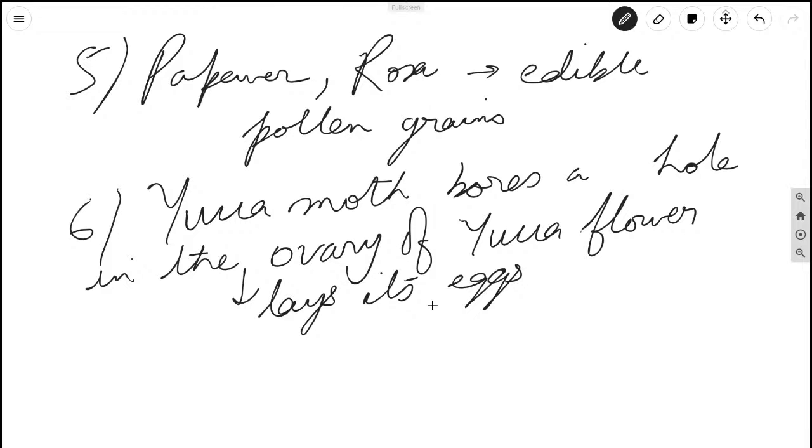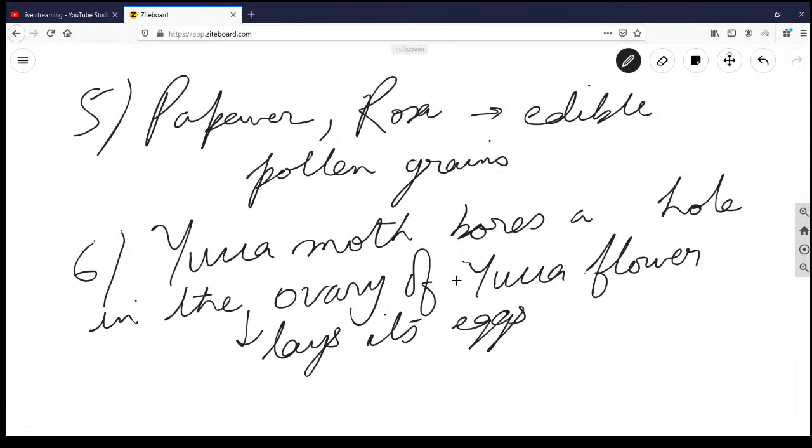Now we can come on to the next type, that is known as ornithophily, bird pollinated. The branch that deals with birds is known as ornithology. So ornithophilous flowers are bird pollinated flowers.